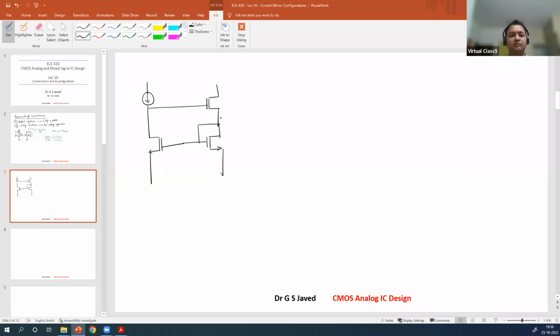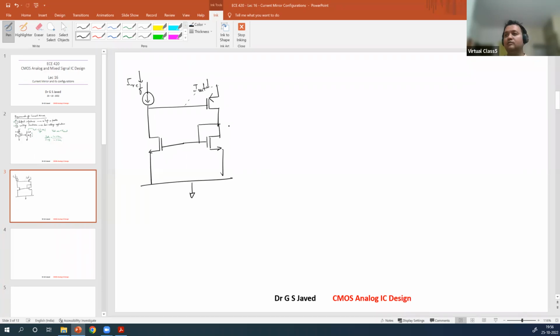Now, what does this become? This is I ref. This is I out. Now, if you notice, this is a VGS. So you try and apply a PMOS VGS here to get the desired output.